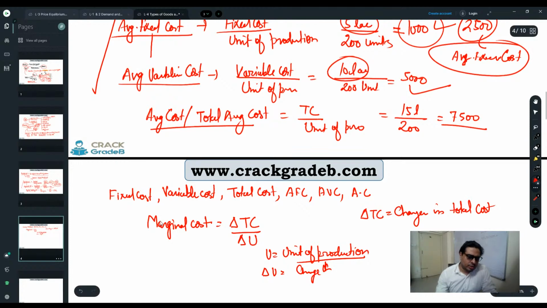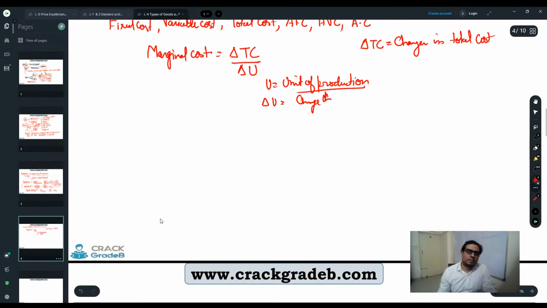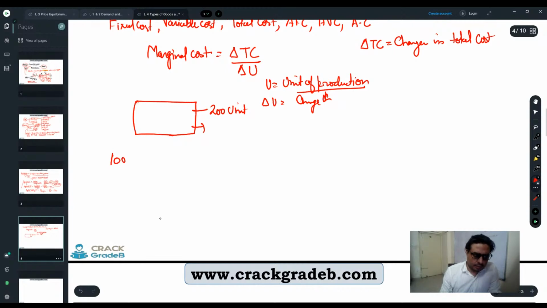Now, the question is why this concept of marginal cost is very important. I have taken the example of one production unit with a maximum capacity of 200 units. Just suppose at present they are producing 100 units and they want to go from 100 to 101.